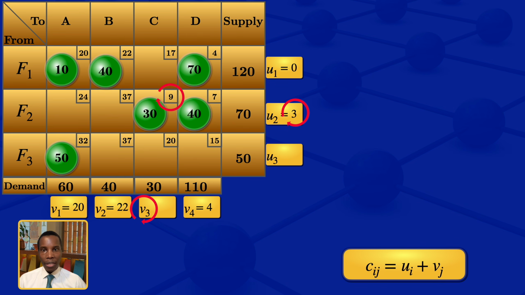And that will give us our V3 is equal to 9 minus 3, which will give us a 6. And then lastly, we look at this part here. We are saying 32 is equal to U3 plus 20. So our U3 there will be equal to 32 minus 20, which will give us a 12. So we have obtained our dual variables.